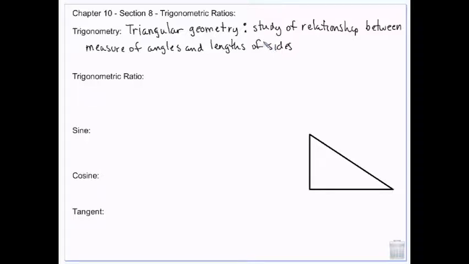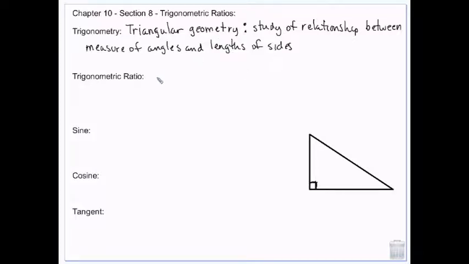It's a relationship between the angles and the lengths of the sides of these triangles. We use trigonometry in right triangles. So this is a right triangle. A right triangle is a triangle with a 90-degree angle.